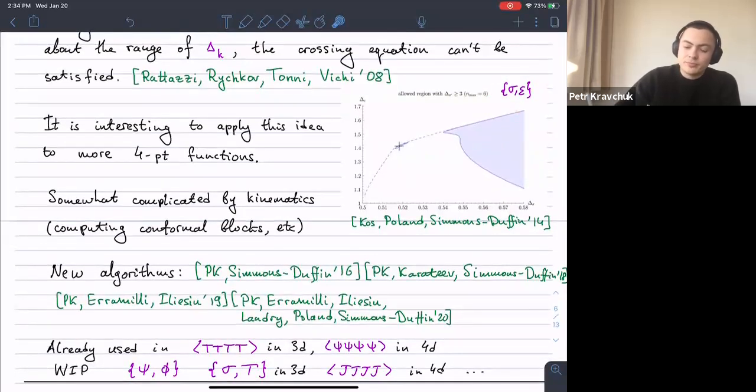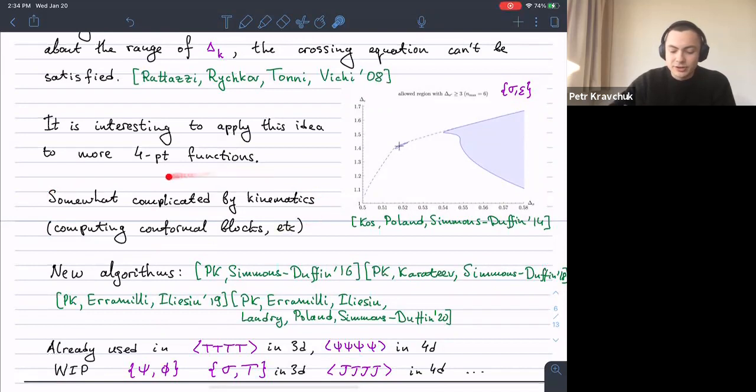Most studies of numerical bootstrap have been working with correlation functions of scalars, such as sigma and epsilon, because these are the simplest. On the other hand, there are many other operators which have spin, not just scalars. For example, there is the stress tensor, there are spin-1 conserved currents, fermions, which are necessarily spinors, and not many such studies have been done.